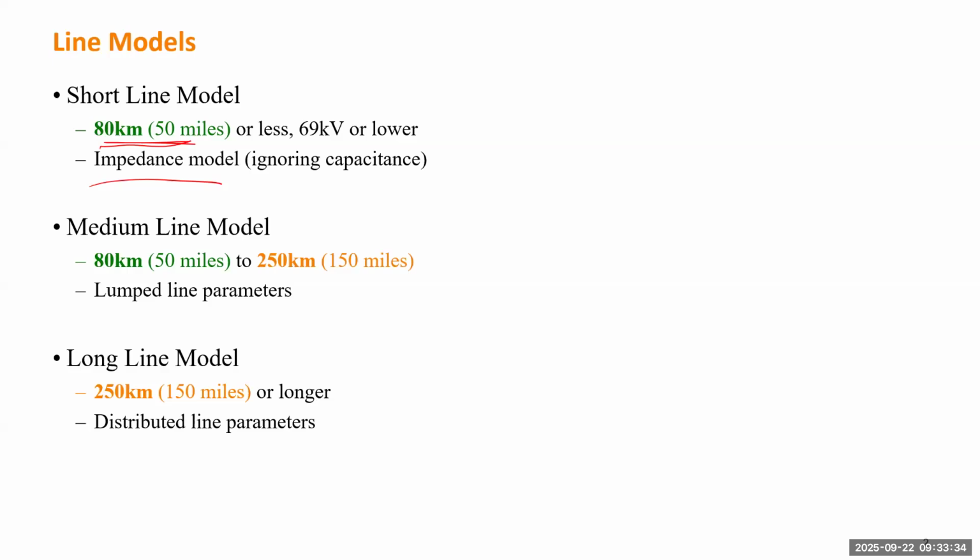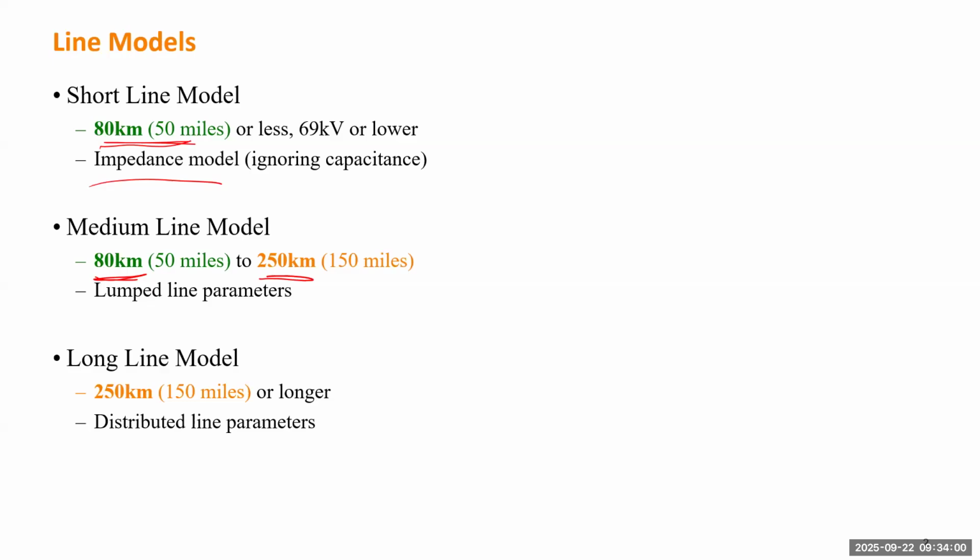But when we move to a medium line or long line, each line cannot be represented by a single impedance. We'll explain why. For a medium line, that will be in the range from 80 kilometers to 250 kilometers, which is about 50 miles to 150 miles.